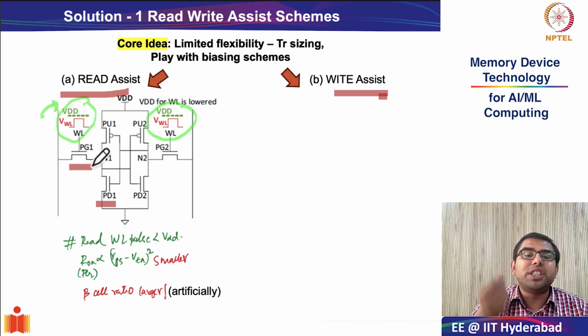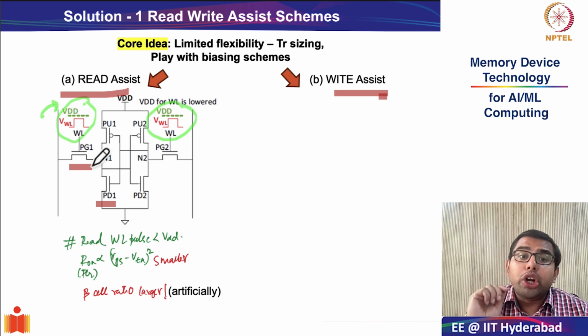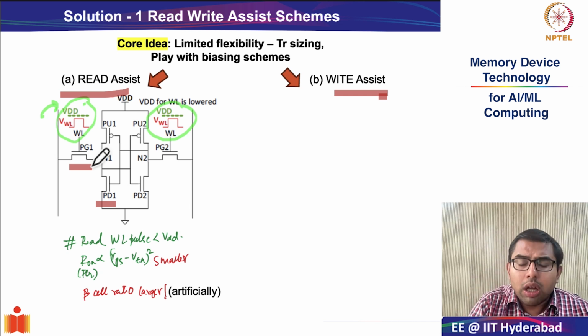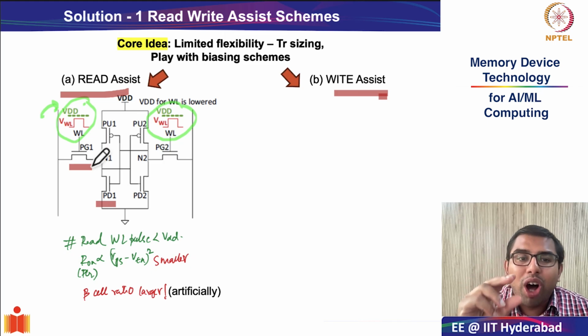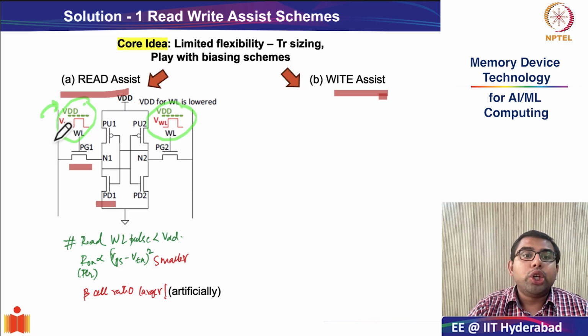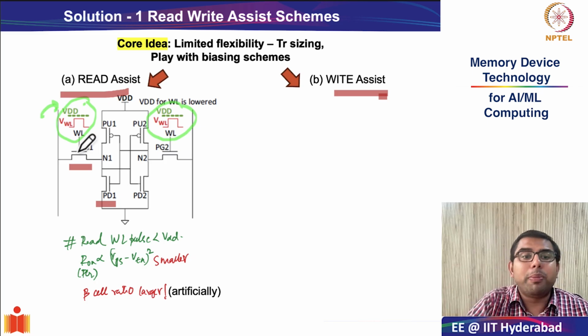So an artificial way, I would say, of ensuring that during read operation, the pass gate transistor has slightly smaller strength is by ensuring that you do not assert the word line, which is connected to the gate terminal of the pass gate transistor, to complete VDD.